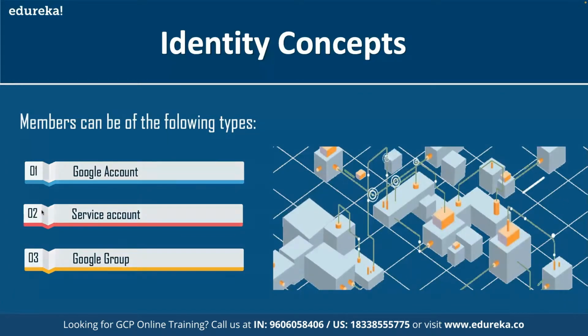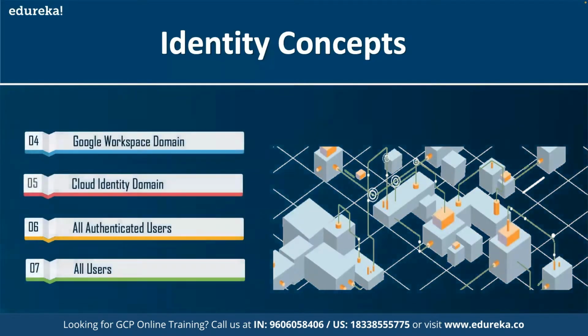Okay. And apart from that, the members can be a Google Workspace account. A Google Workspace account represents a virtual group of all the Google accounts that it contains. Google Workspace accounts are associated with the organization's internet domain name, like example.com.